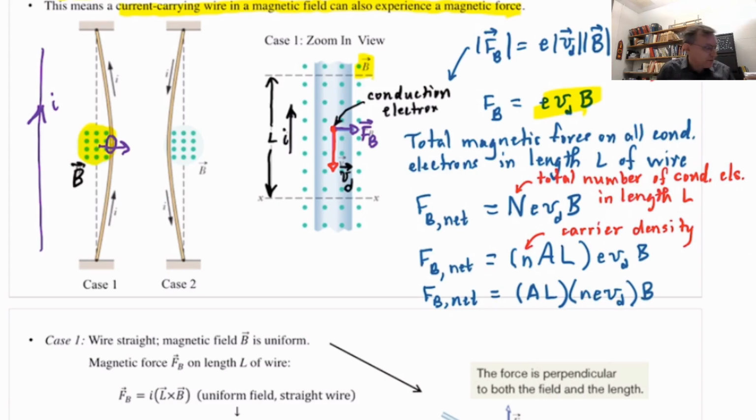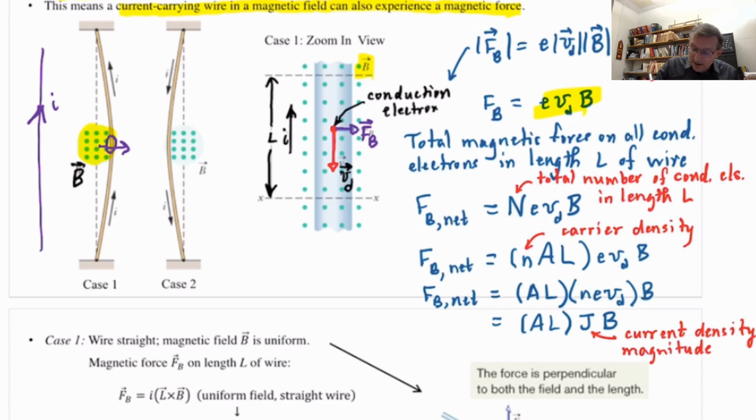I'm just grouping them in a certain way, because the quantity in the middle set of parentheses is the magnitude of the current density, J, in the wire. Current density magnitude. All right, chapter 26.